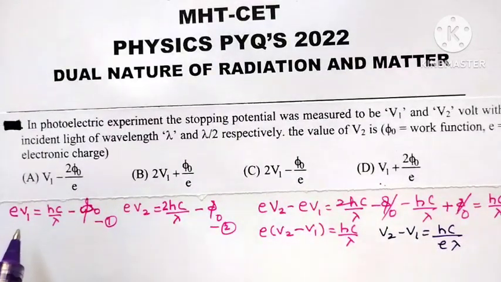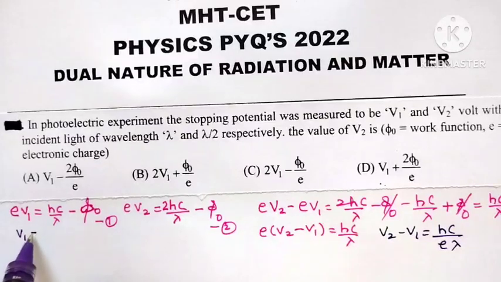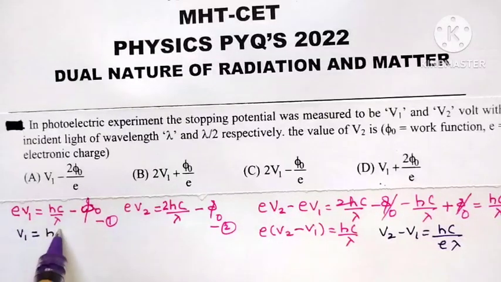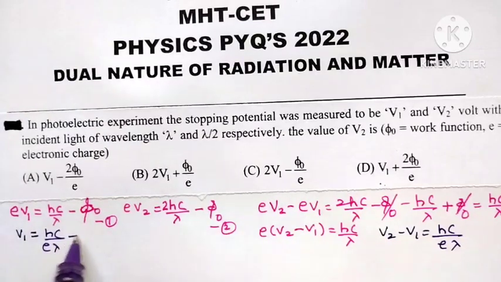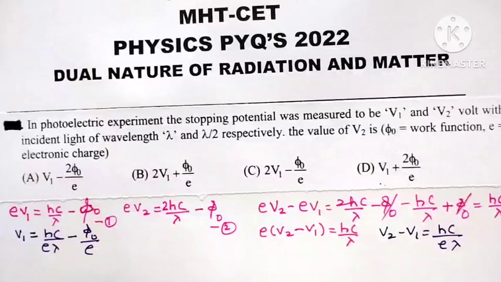But from equation 1, what can we write? V1 is equal to hc divided by lambda minus phi 0, divided by e, so V1 is equal to hc upon e lambda minus phi 0 upon e.